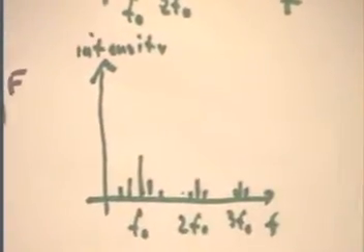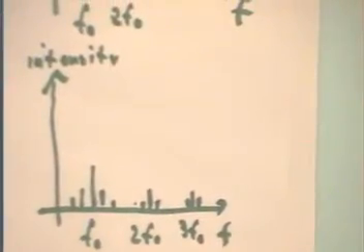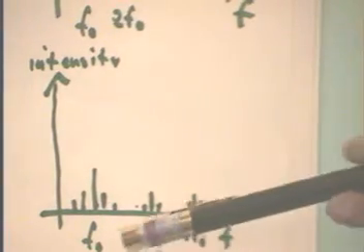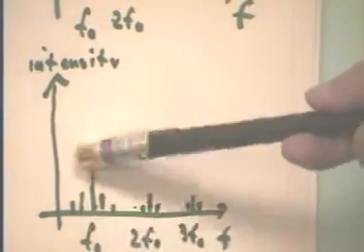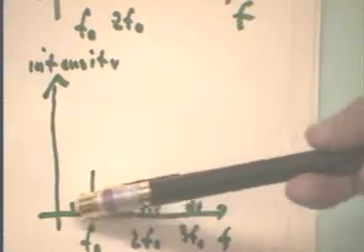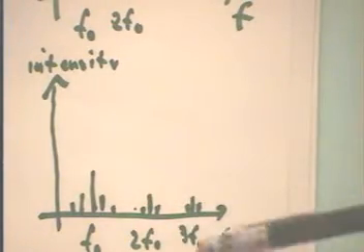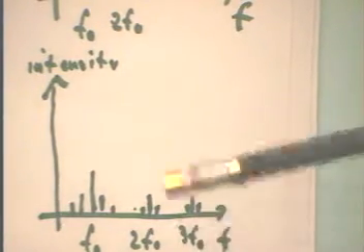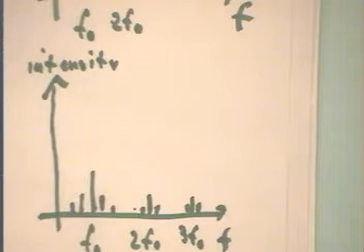For a typical voice or instrument, or maybe the chimes, the intensity versus frequency graph might look like this, where we have the fundamental frequency and some overtones in the vicinity of the fundamental, double the fundamental, some overtones in the vicinity of that frequency, triple the fundamental, some overtones in the vicinity of that frequency.